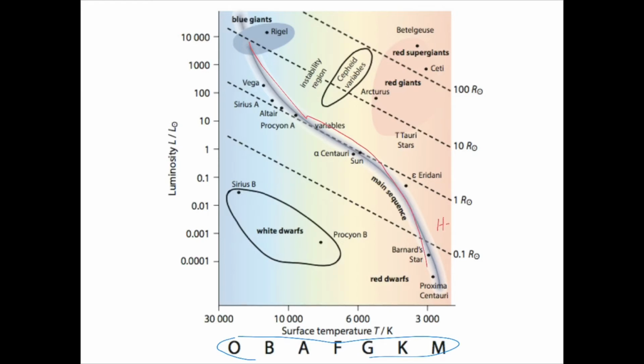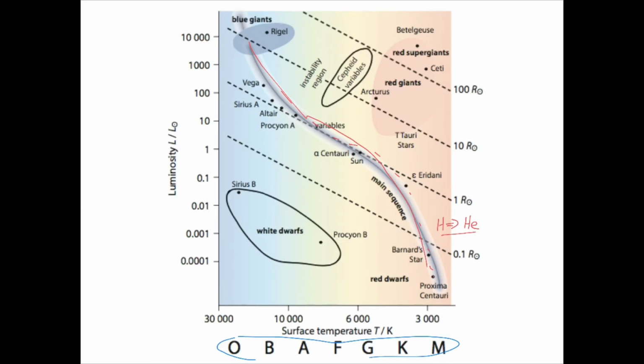Main sequence means basically that hydrogen is being fused into helium using the process that we talked about in the previous video. So what's the main difference between each of these main sequence stars? If they're all burning the same stuff, what's the difference?